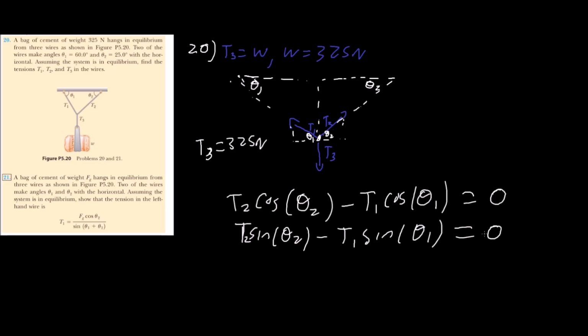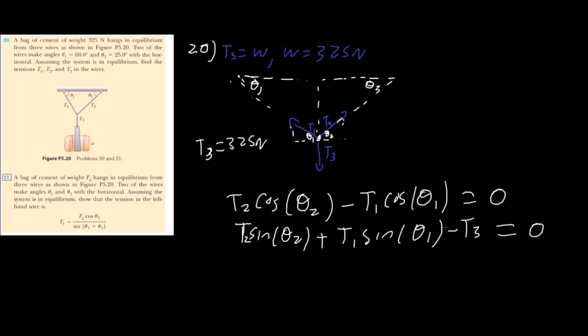That's going to be equal to 0. So from there, minus T3 equals 0.